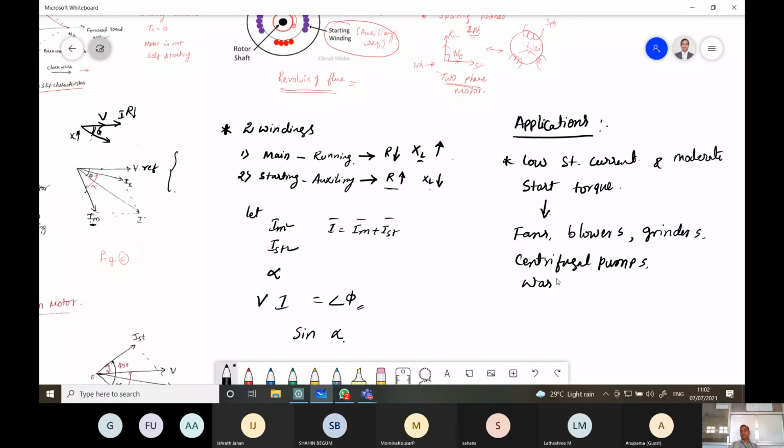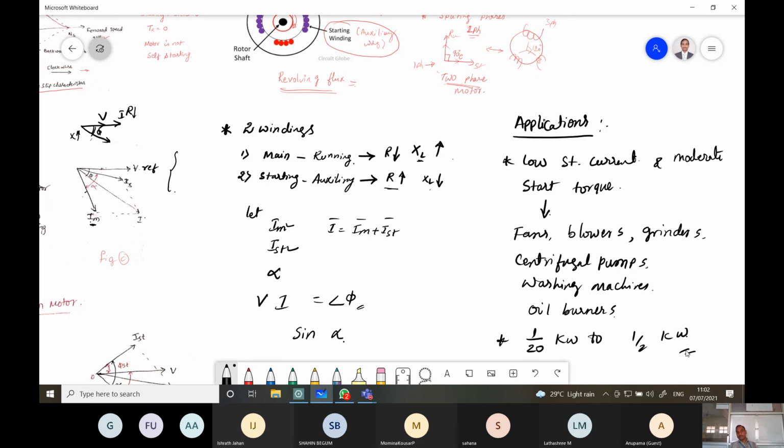Also it is used in washing machines and some oil burners. These applications are available in the range of 1 by 20 kilowatt to half kilowatt.